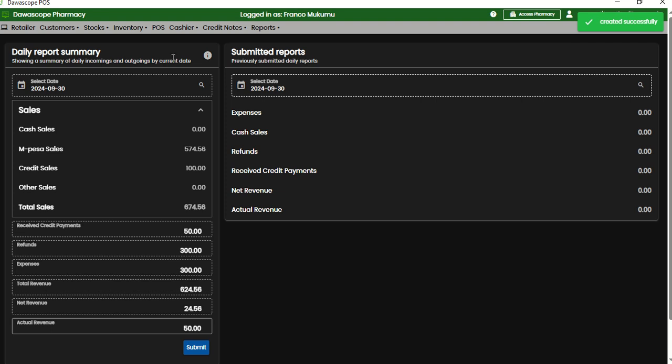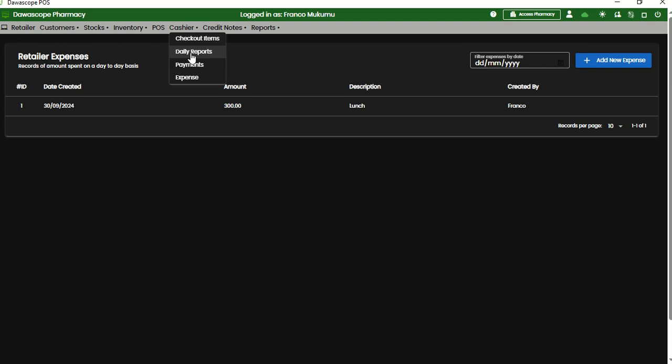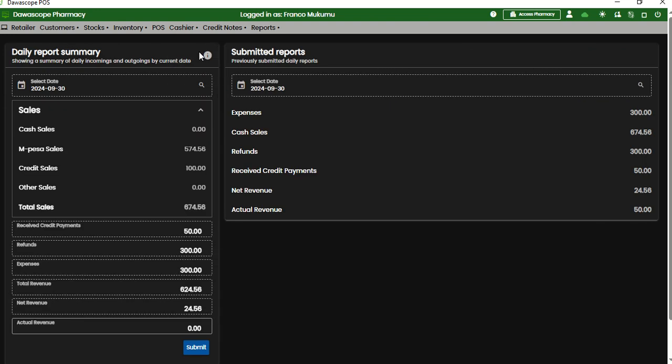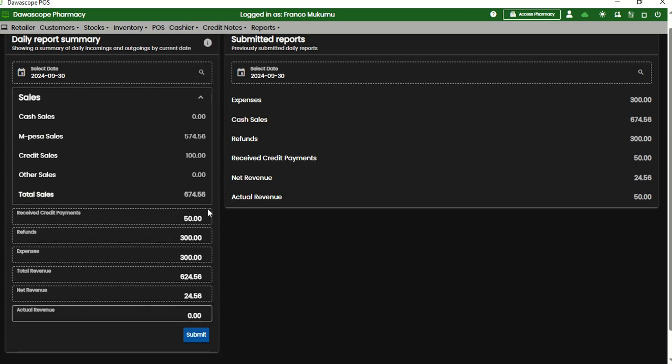So that's how you record your expenses and you close your business for the day. Daily reports, and you enter the amount that you have tabulated here, and you submit.